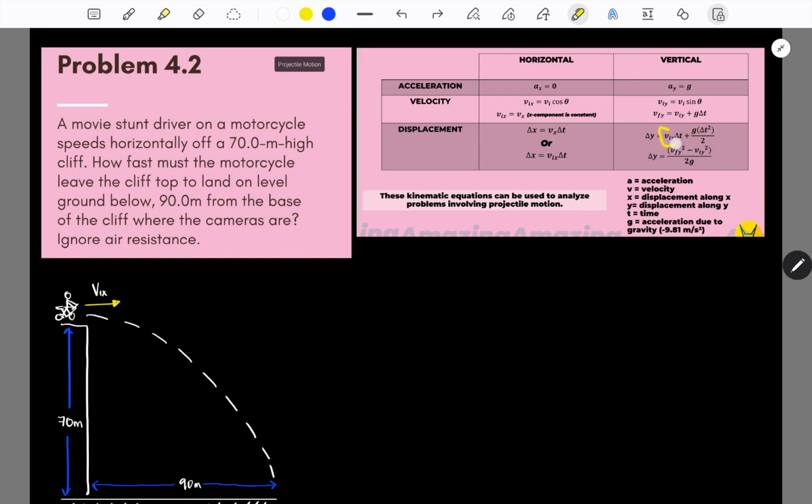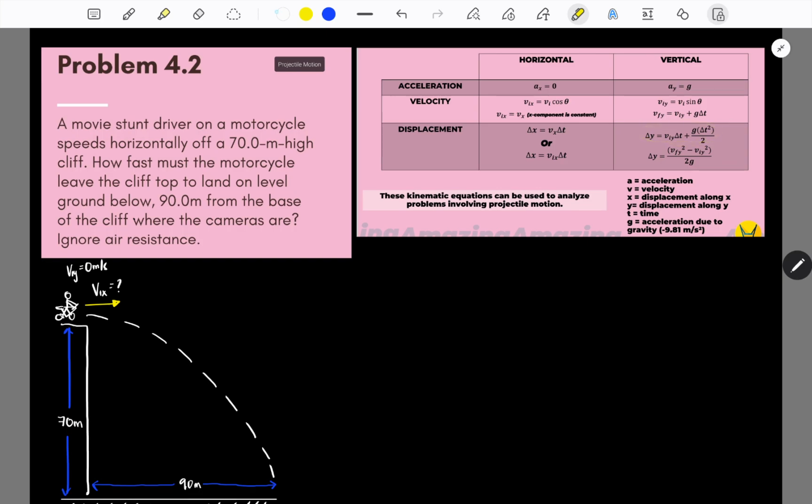We also have the initial vertical velocity VIY, which in this problem is 0. At the top of the cliff, the velocity along the y is 0 meters per second, or there is no vertical velocity. So it would be convenient to use this equation for this particular problem.